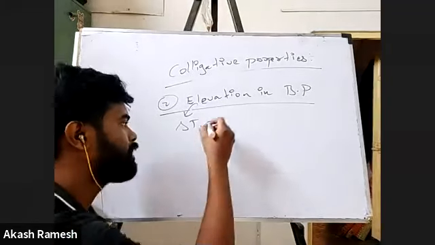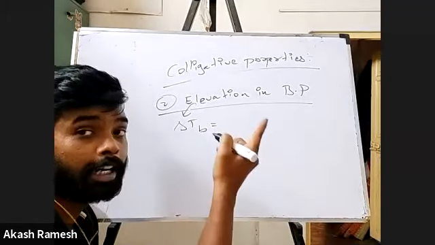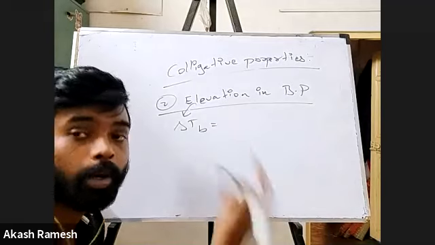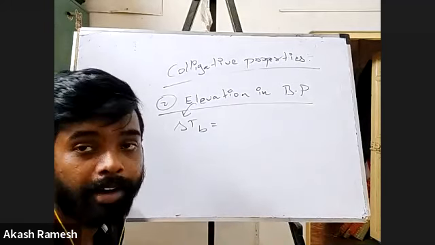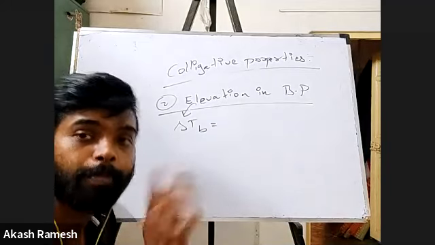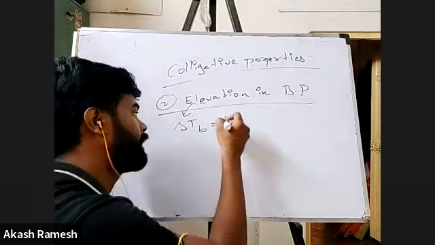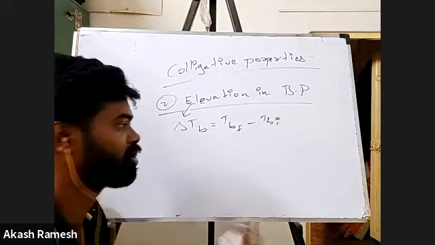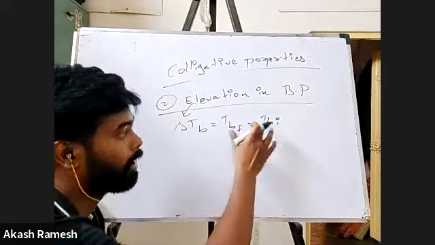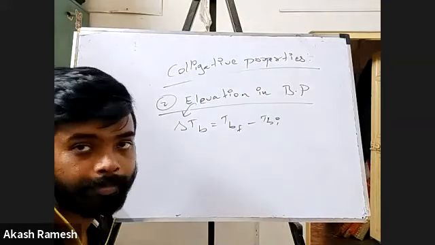See, the final boiling point is higher. What do I mean by final boiling point? After mixing, the boiling point is higher than the boiling point when I have the pure liquid, right? So I can write it as TB final minus TB initial. Final means the solution. Initial means only the pure liquid.